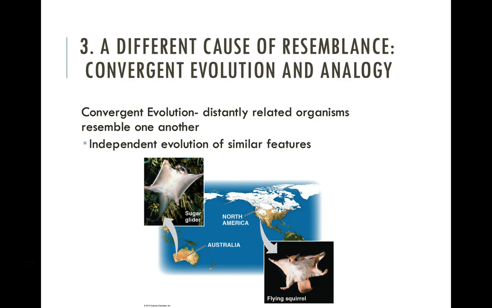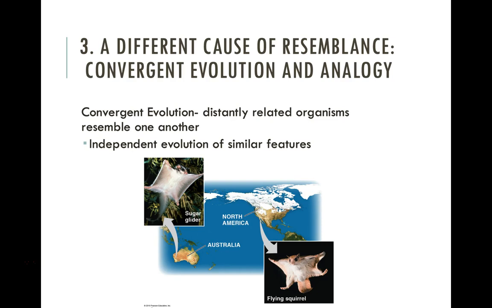So what's happening here is that organisms who are facing similar environmental challenges, who are not closely related, acquire similar adaptations. So similar environment leads to similar adaptation, but they're not adaptations that come from a common ancestor.